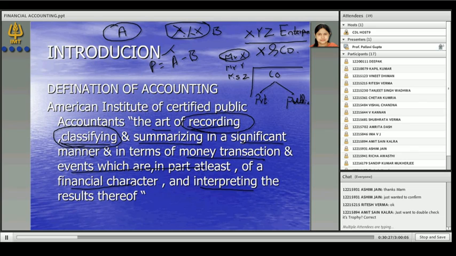Yes, it's a trophy only. Trophy, shield. You will not record it because a trophy does not have any monetary value.